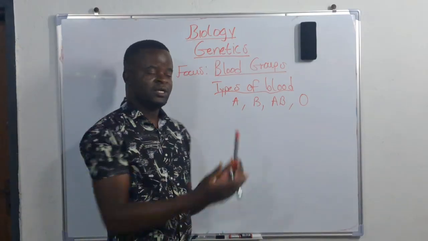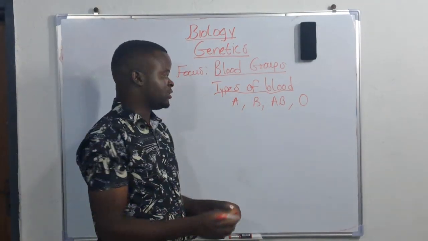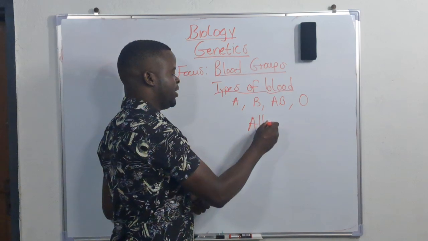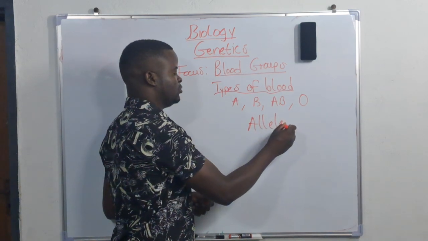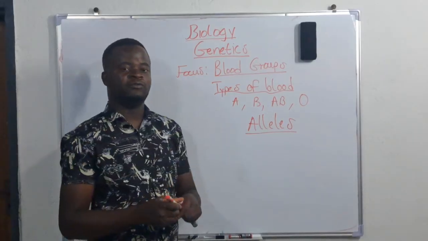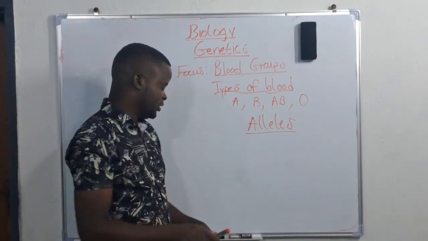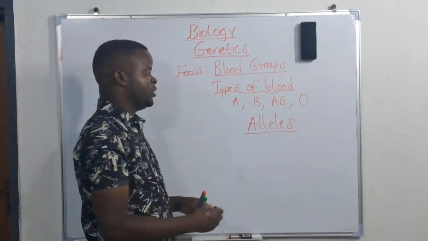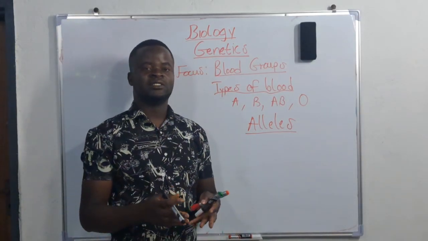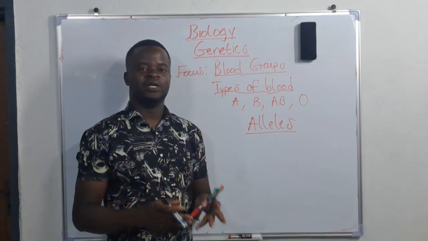Going beyond this stage, we need to understand what we call alleles. Alleles are a pair of genes that controls this particular blood group. Remember, an allele is just a pair of genes, and a gene is a basic unit of inheritance.